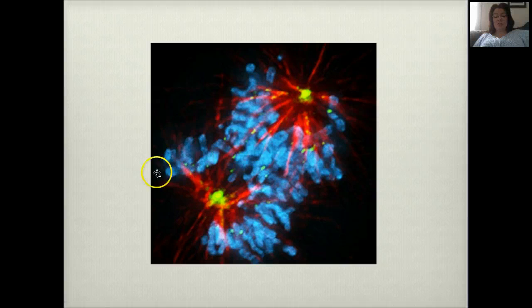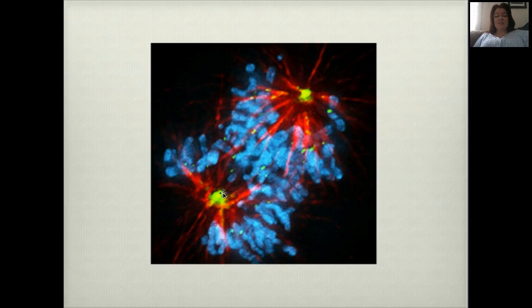The blue material, for example, is the nuclear material, the chromosomes. The red material is the spindle fibers. You can see them at each end. And the yellow material is the centrosome that contains the centrioles.